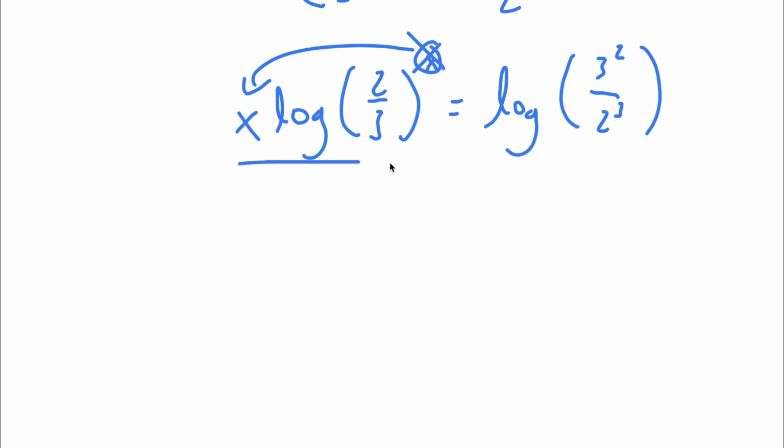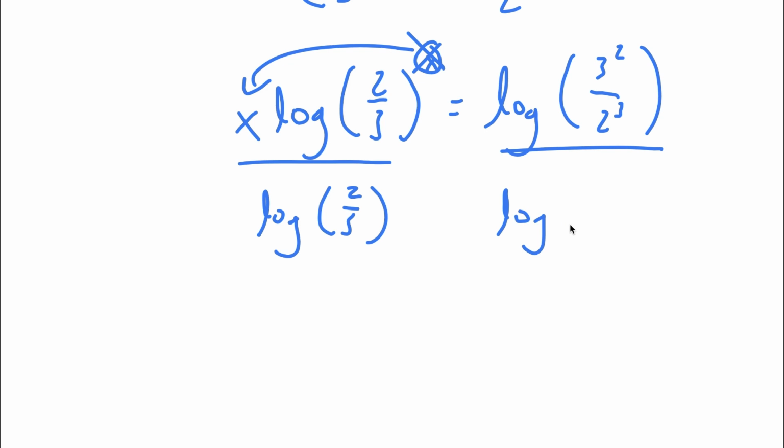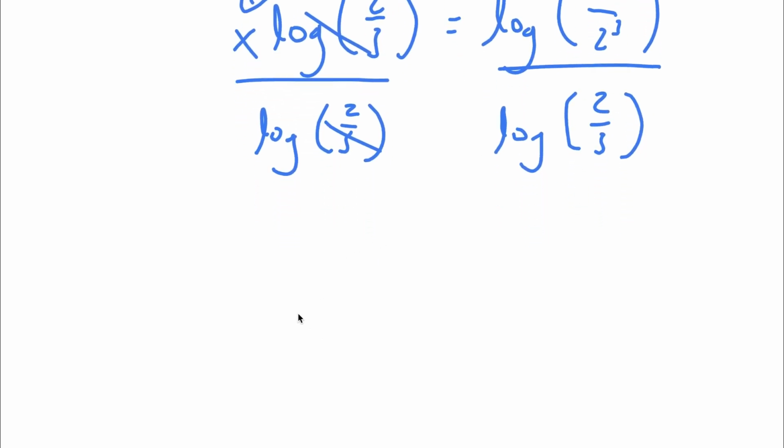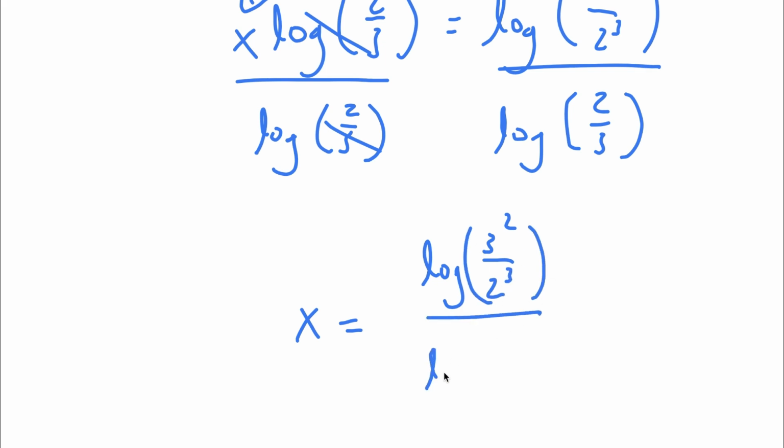And now if I divide both sides by log 2 over 3, these two cancel out, and I'll be left with x is equal to log 3 squared over 2 to the power of 3 over log 2 over 3.